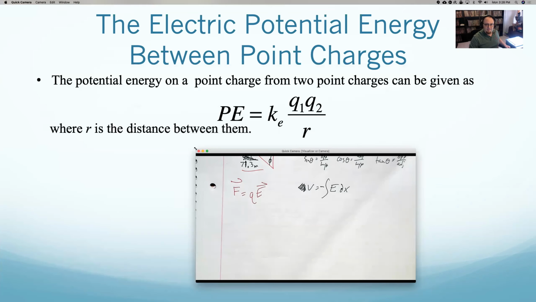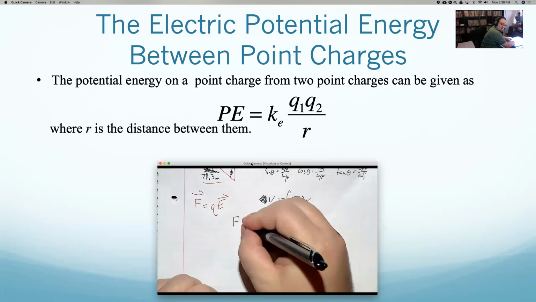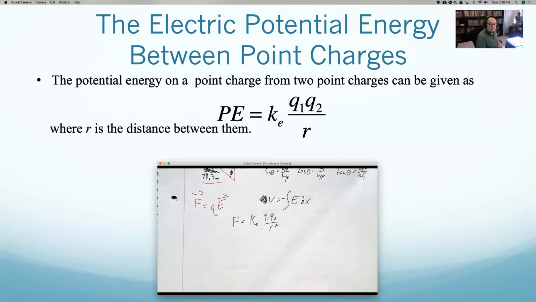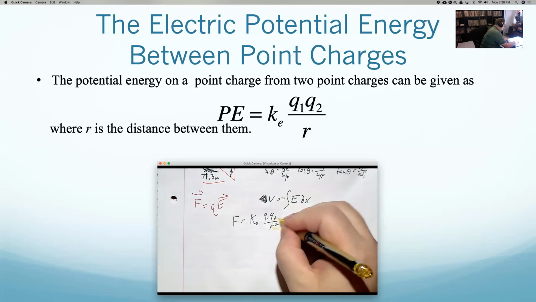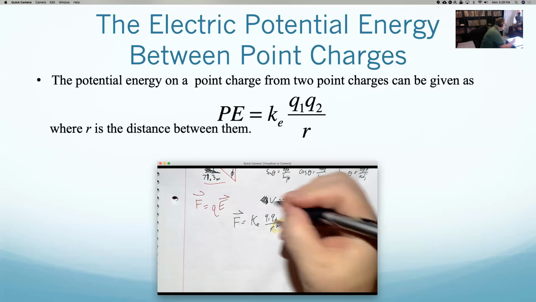Now this does admittedly look a lot like the force between two charged particles, right? Because the force between two charged particles is k e Q1 Q2 over r squared. But there's two major differences here. The big one is that we don't square the distance. But the more important one is that force is a vector.